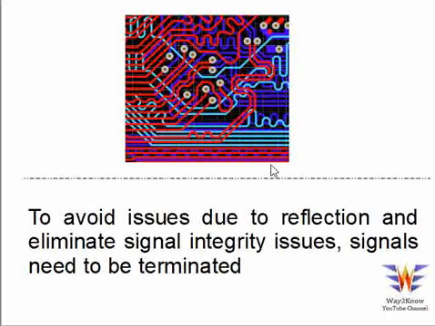Now, to eliminate such scenarios, that means to eliminate reflection, as we are mentioning here, reflection cannot be avoided. Having a common impedance is an ideal scenario which cannot be achieved.